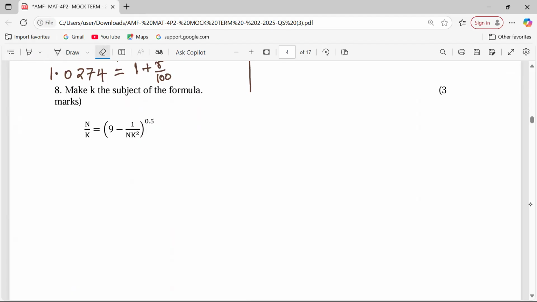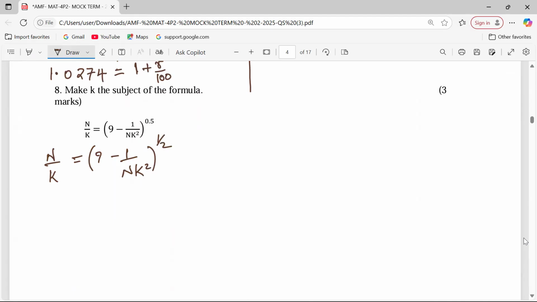That is a half. So when we have n over k equals 9 minus 1 over nk squared, this now should be known that it is raised to power half.